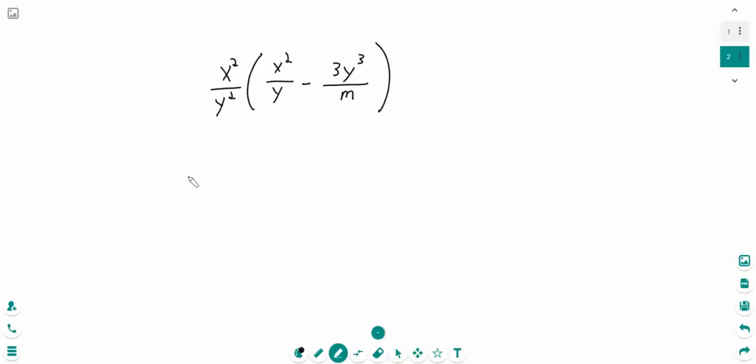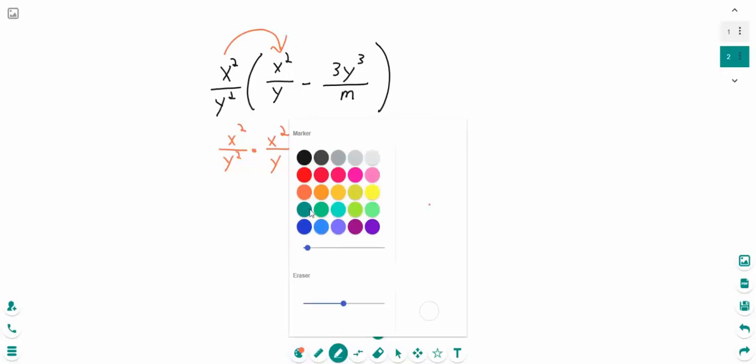Again, I'm asking you to expand this or use the distributive property. We will start by taking this outside term and distribute it through to the first term. So we have the x squared over the y squared times this x squared over y. And that's just simply taking this term and multiplying it by the first term.